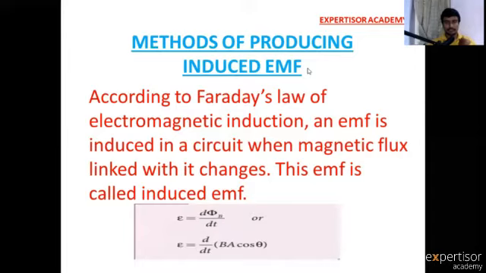This magnetic field influences the other coil, that is the secondary coil, by passing the magnetic field lines through the secondary coil. In this secondary coil, the EMF is generated. This EMF direction is opposite to the EMF in the first coil.